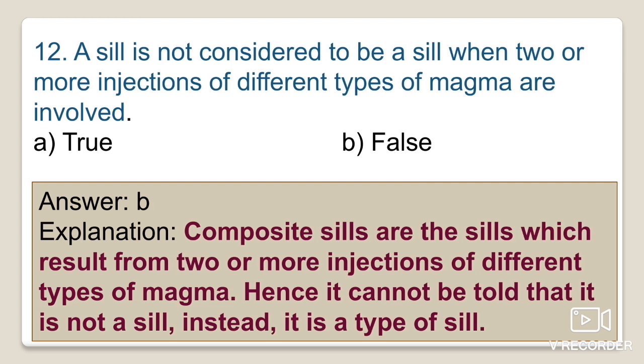General topics means the formation of structures, textures, as well as the composition of igneous rocks. Their level will not be too tough. If one has understood the topic thoroughly, then it will be very easy to answer that particular question.